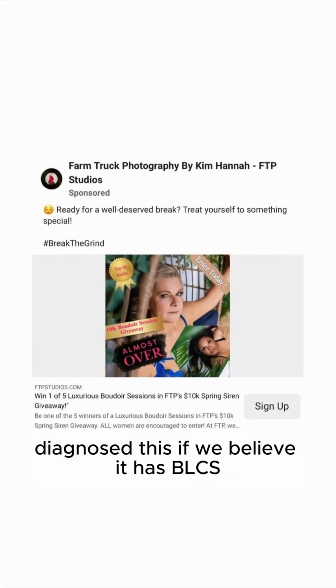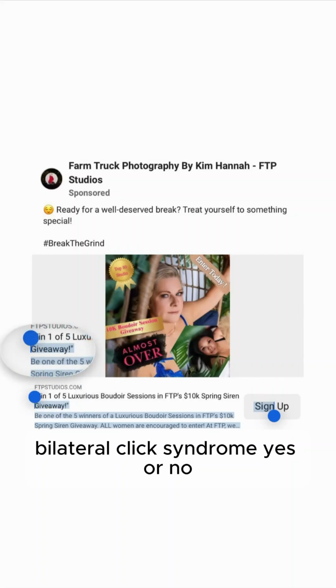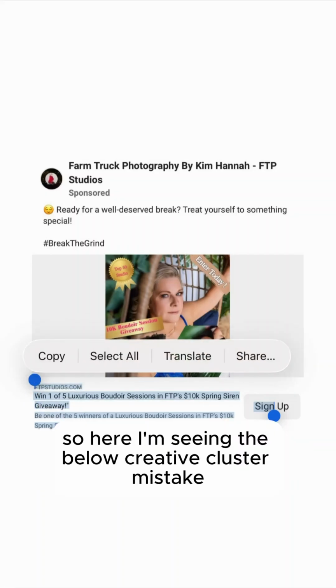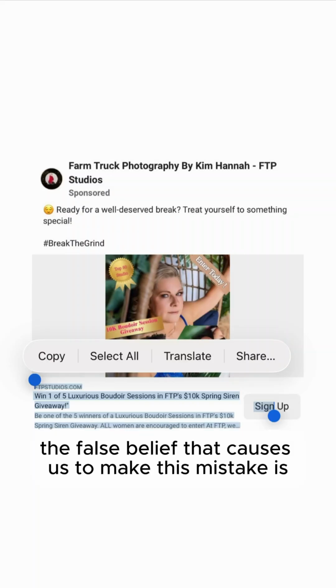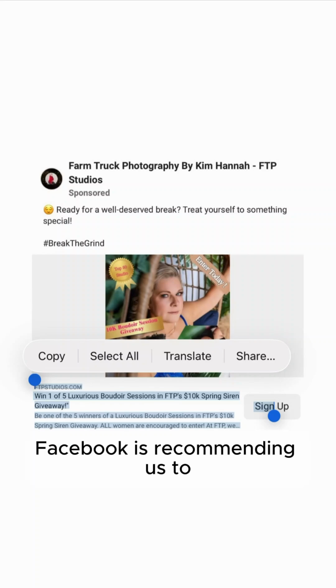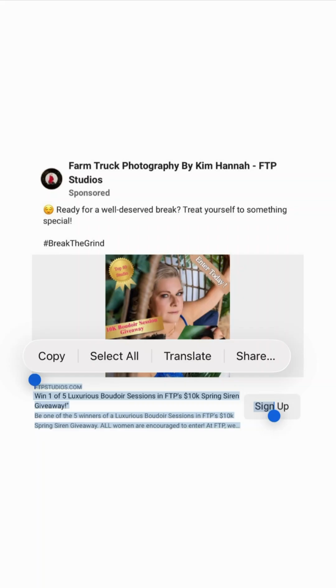So we're going to diagnose this if we believe it has BLCS, Boudoir low click syndrome, yes or no. All right, so let's see what we got here. Here I'm seeing the below creative cluster mistake. The false belief that caused us to make this mistake is that we're following what Facebook is recommending us to fill out when we create our ad.